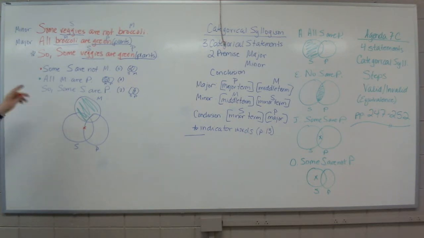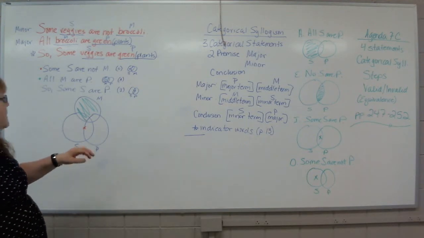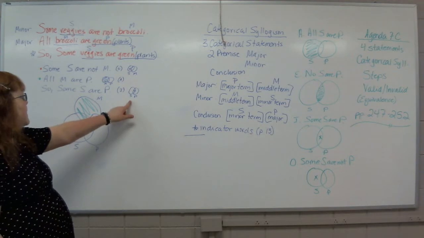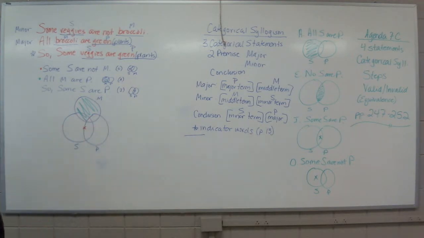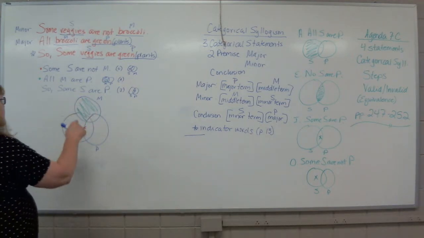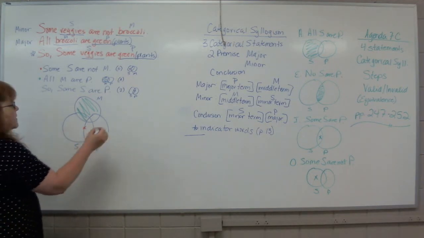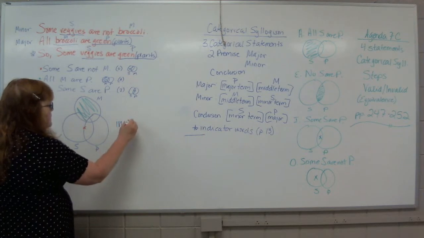So I'm done graphing. Can I say from this diagram, some S are P? Well, my X needs to be firmly in this eyeball section. I have it on the line. So this is invalid.